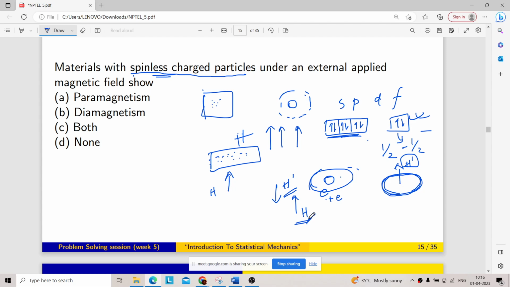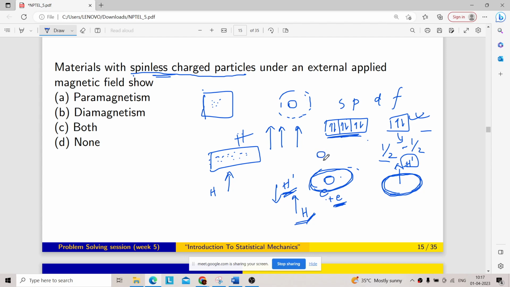I don't remember whose law this is, and this induced magnetic field is purely due to the orbital angular momentum of the electron. Right. If spin is there, then it will have some other kind of magnetic field. Spin is intrinsic, so we can't imagine it to be moving around a circle.